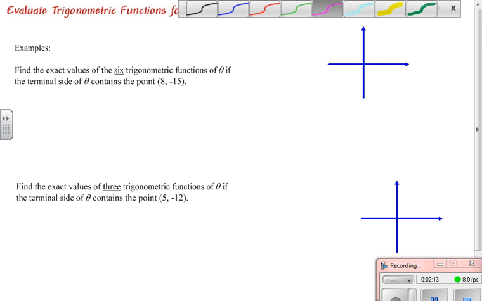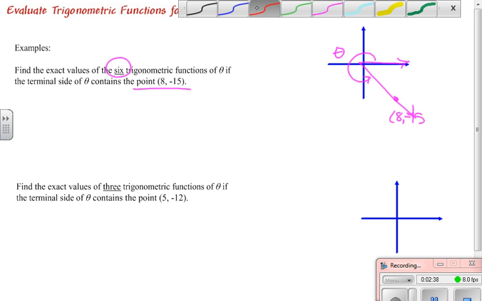So it says find all 6 of a point on the terminal side of (8, negative 15). Well, where's (8, negative 15)? Over 8, down negative 15. It's somewhere over here. So my angle, initial side, terminal side, I'm looking at theta like that.